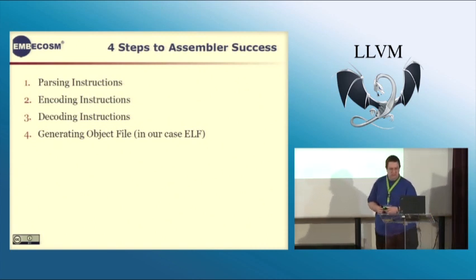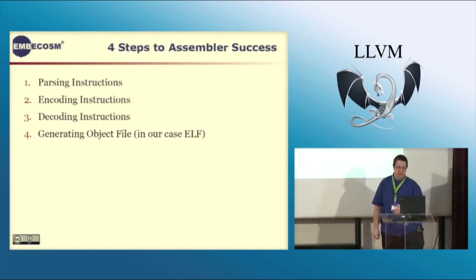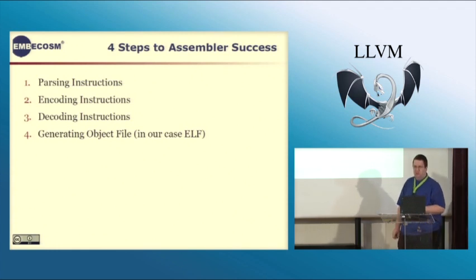Once you've done that, you'll probably want to be able to encode them, and while we're at it, why not decode them as well? And then at the end, you'll want to output an object file, which you can link using your favorite linker of choice. In the case of OpenRISC, as with many things, we're using ELF object files, but nothing really here is specific to any particular object format.